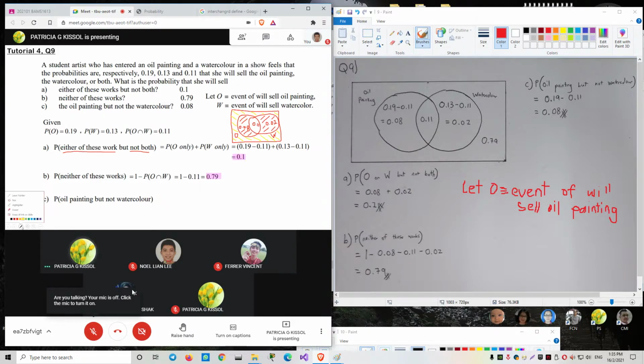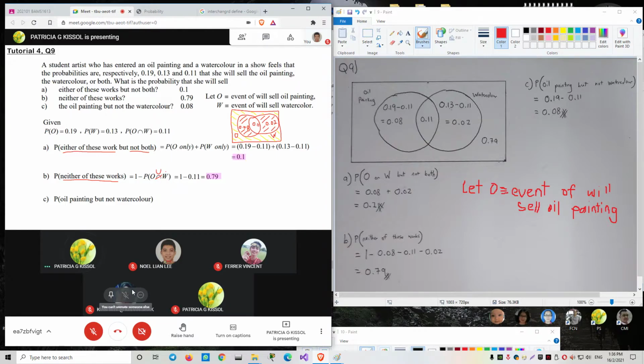When the question says neither of these works, it doesn't include the one inside here. Let me straight away write it here. This one should be union.